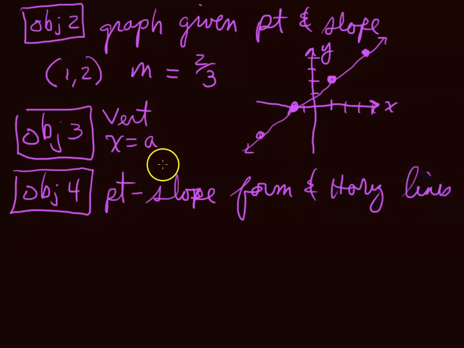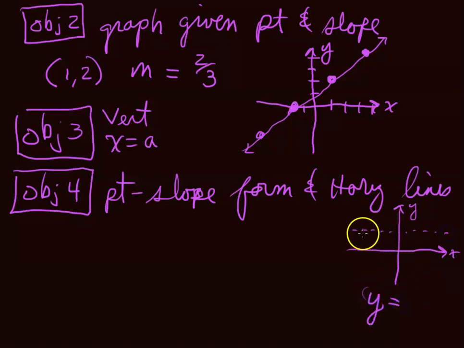Okay, first of all, we're going to do the horizontal lines. Horizontal lines, like vertical lines, are easy to figure out. For vertical lines, it's x equals something. For horizontal lines, it's y equals something. And of course, we can call this B because we usually reserve B for the Y-intercept.